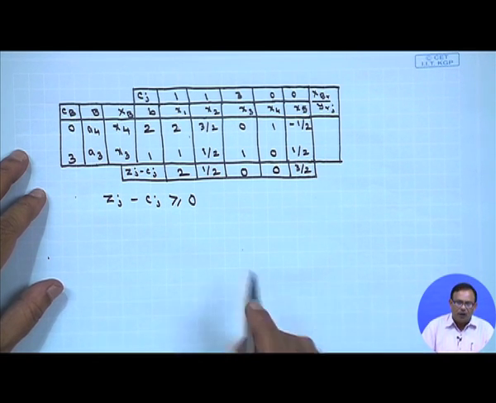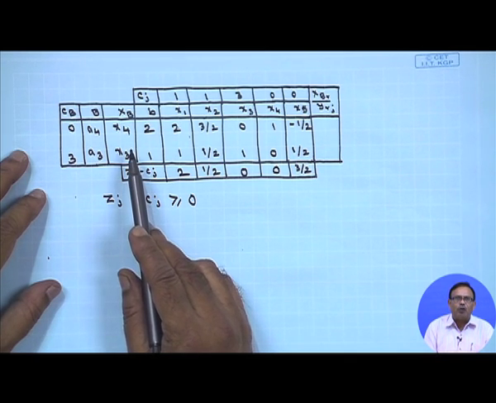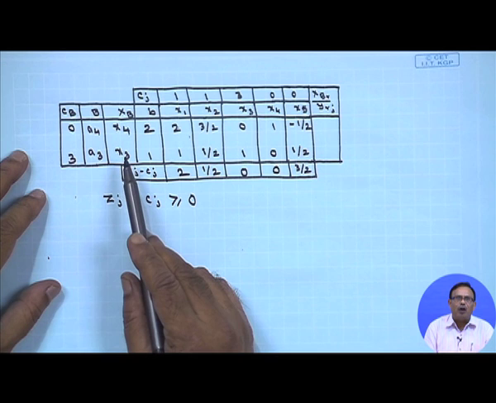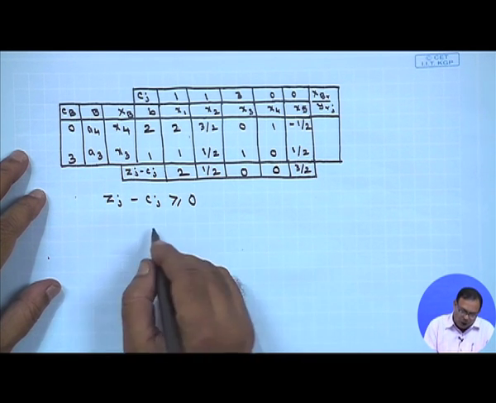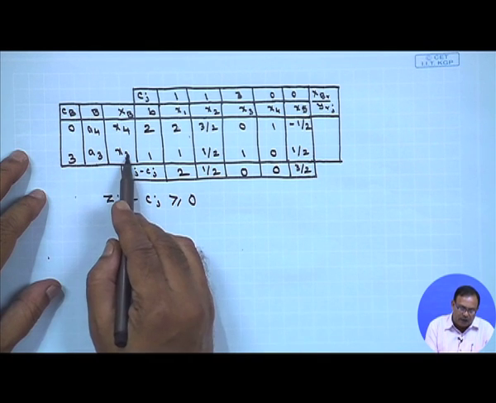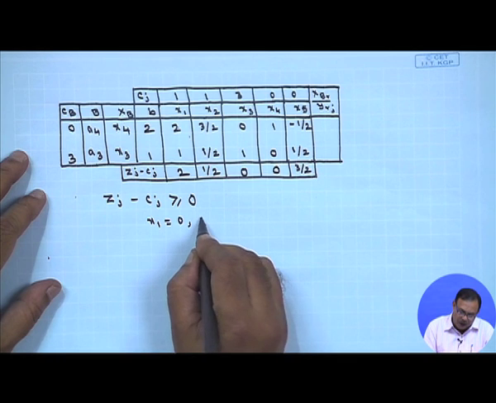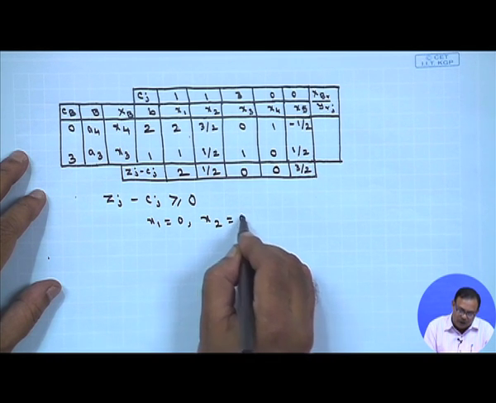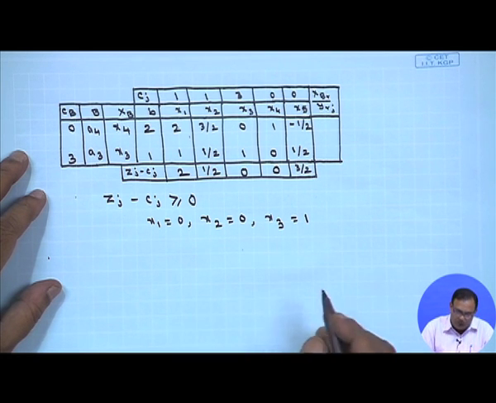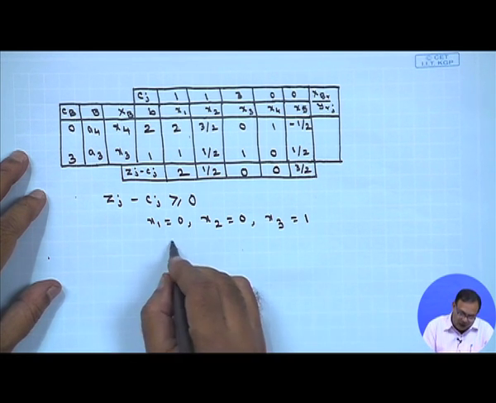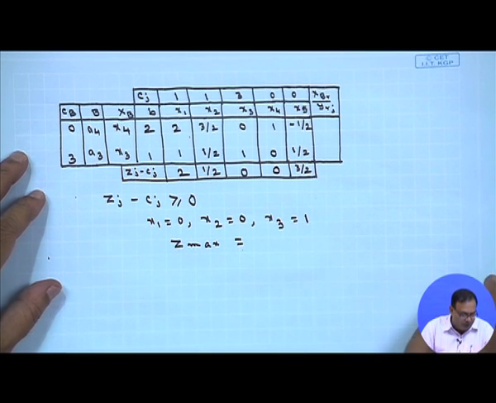If you see the basis in the last table, only one decision variable x 3 is there. So, all other variables will be 0, that is x 1 equals 0, x 2 equals 0 and x 3 equals 1, and the value of z max you can again calculate from here.